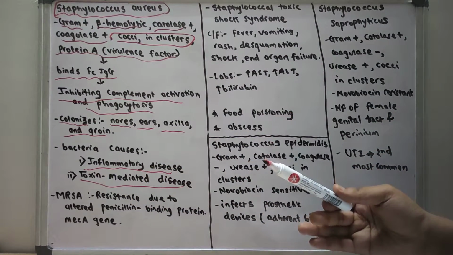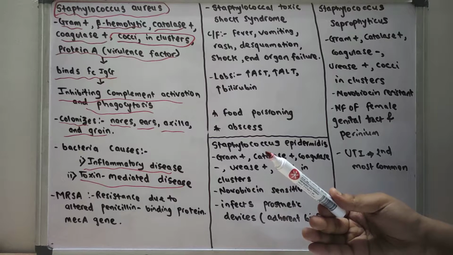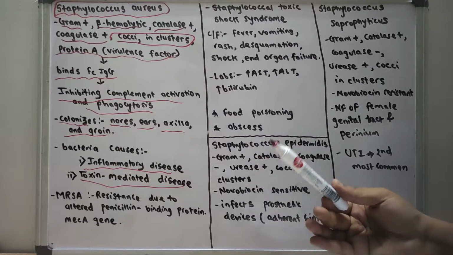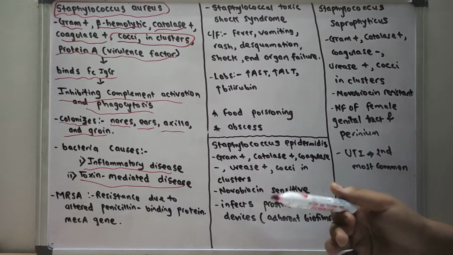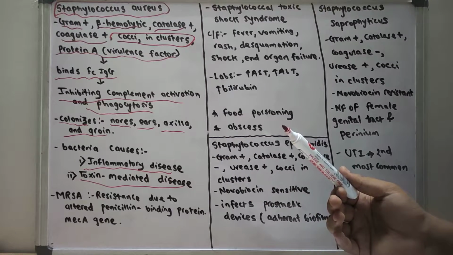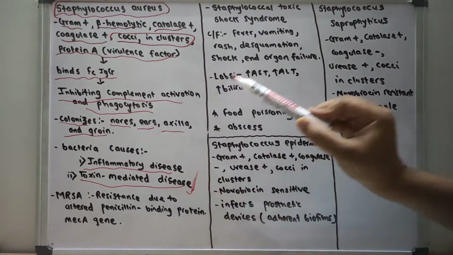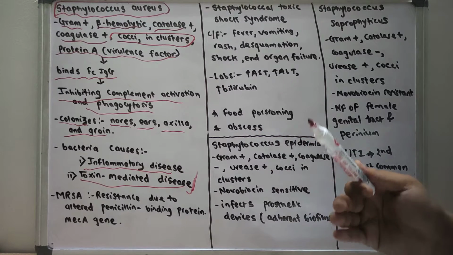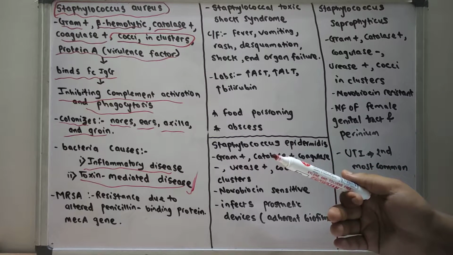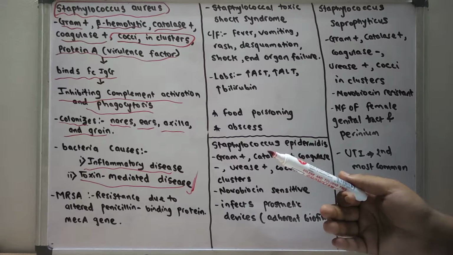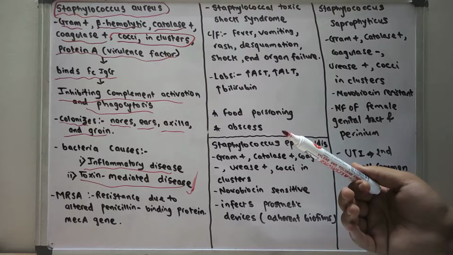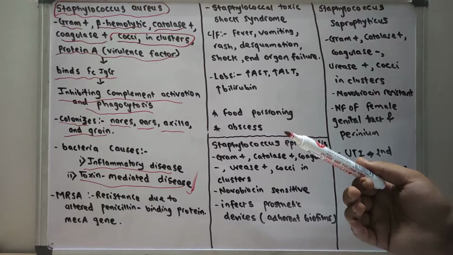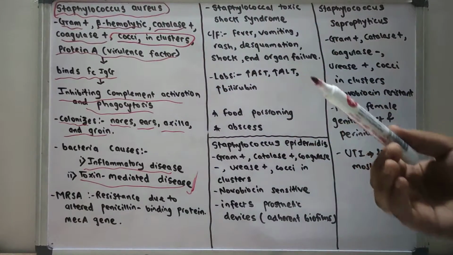The inflammatory diseases include skin infection, organ abscess, pneumonia, endocarditis, septic arthritis and osteomyelitis. Whereas in toxin mediated disease, the bacteria causes toxic shock syndrome, scalded skin syndrome, and rapid onset food poisoning. So these are the various diseases that are caused by Staphylococcus aureus.